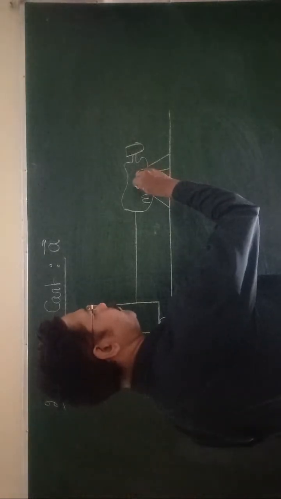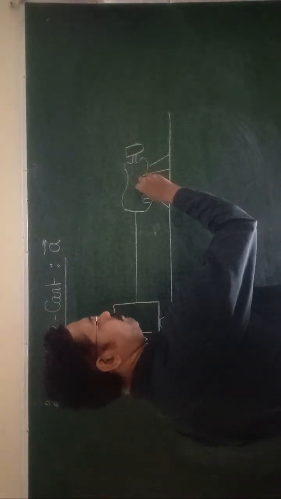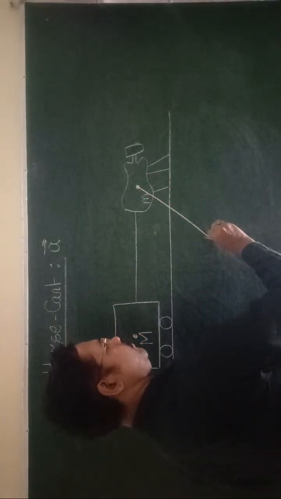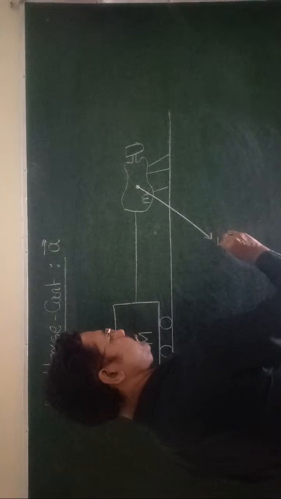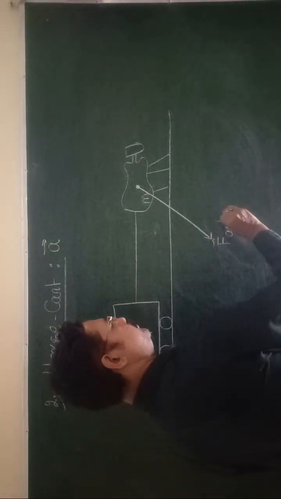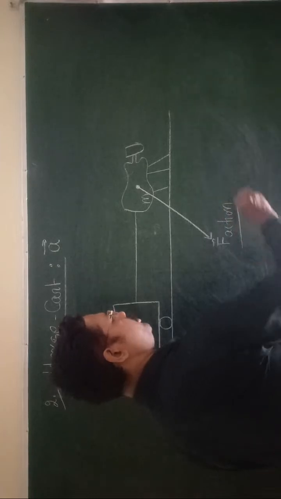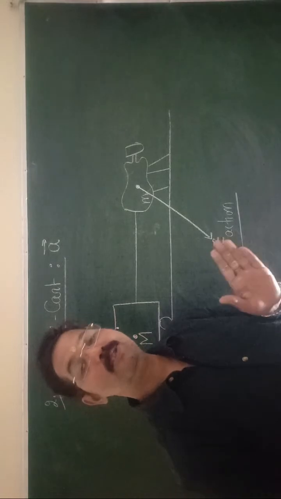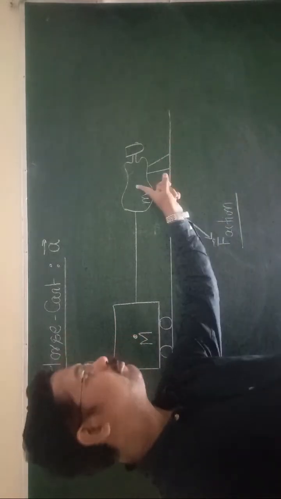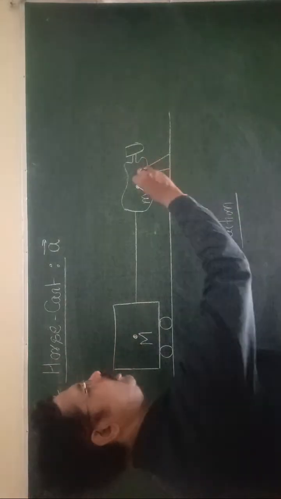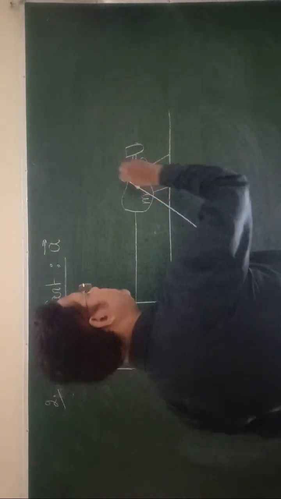So in this horse, leg also apply what? Force of friction. Like the human walking, running of the human, horse also run, apply force by the legs on the ground. Again, there is what?